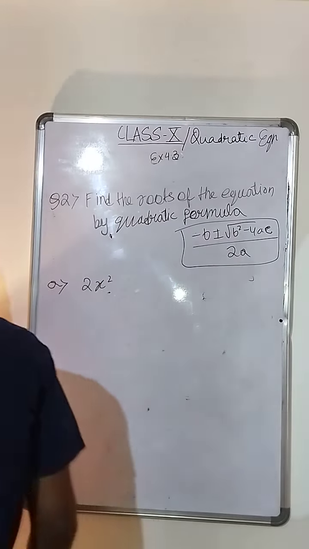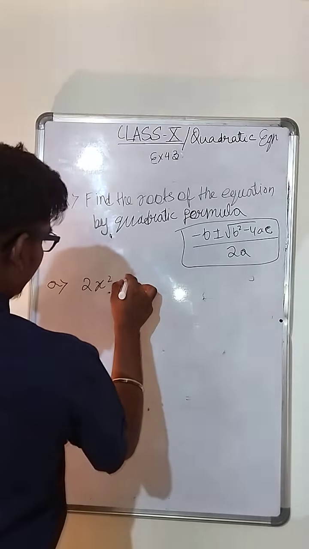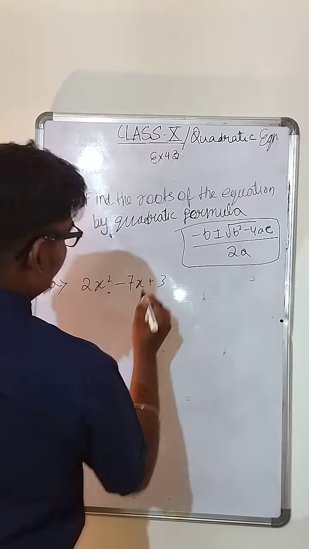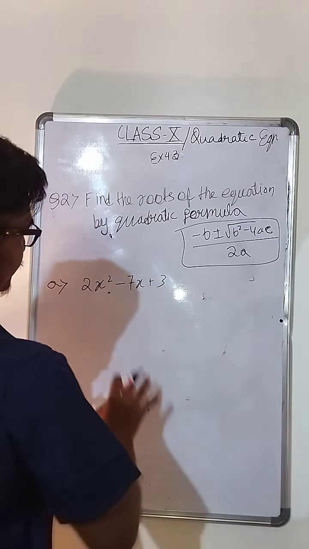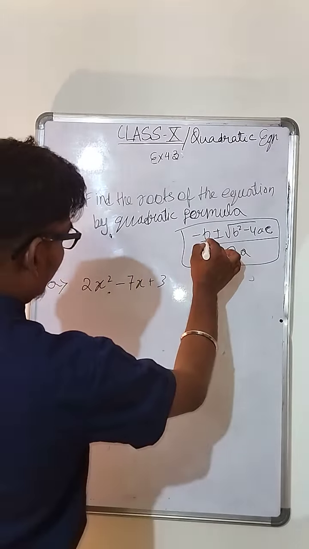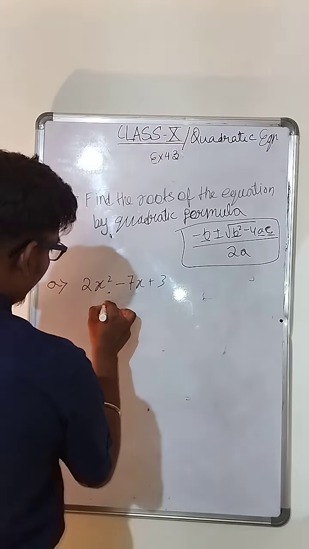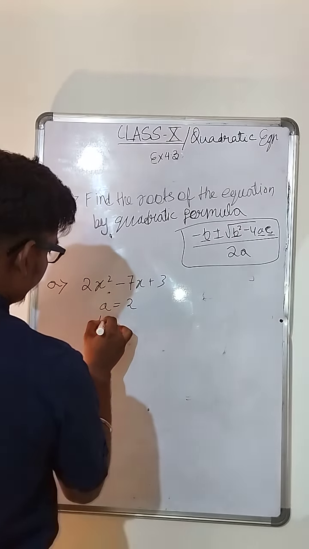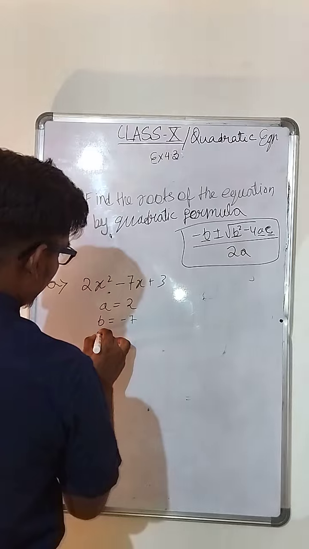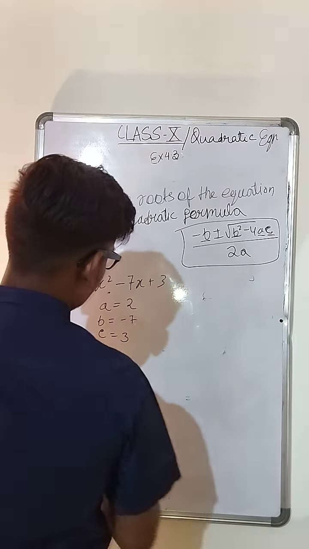2x square minus 7x plus 3. Okay, this is the question. So here a, b, c. Okay, so what it will be? A equal to 2, b equal to minus 7, and c equal to 3.